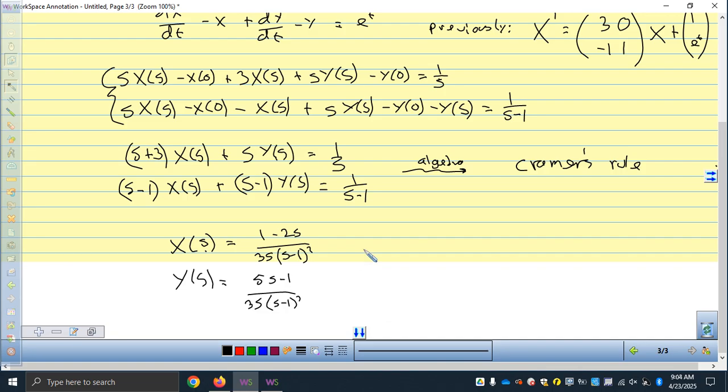So now we need to apply partial fractions to each of these. We apply partial fractions, and we get that x of s equals 1/3 times 1 over s, minus 1/3 times 1 over s minus 1, minus 1/3 times 1 over s minus 1 squared.